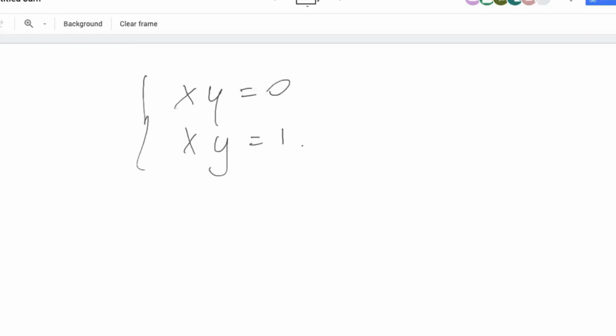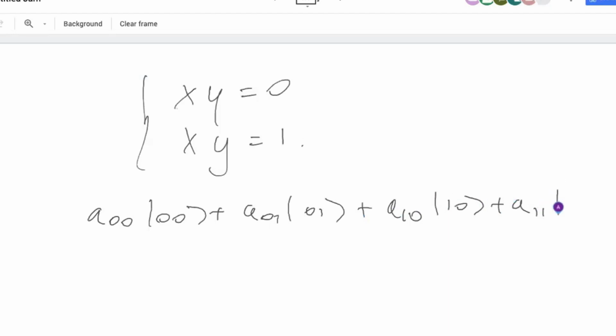So let's say that I have this state here. I want to measure the first qubit.